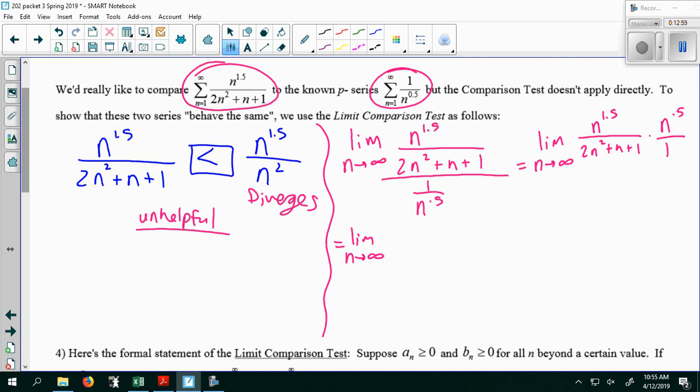Multiplying like bases, you would add the exponents. That becomes an n squared on top. And my denominator is 2n squared plus n plus 1. And then this is the limit as n goes to infinity of a rational function. The degree of the numerator and the denominator are the same, which means the limit is the ratio of the leading coefficients, 1 over 2.